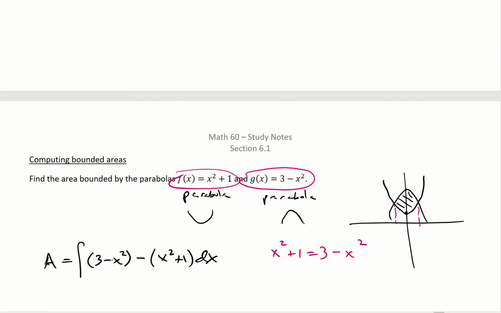This is like the substitution method. y equals this, y equals that, set them equal to each other, and away you go. And this is not a hard one. You go 2x squared is equal to 2, so x squared is equal to 1, so x itself is plus or minus 1. If you guessed it, you got it. So from minus 1 to plus 1.